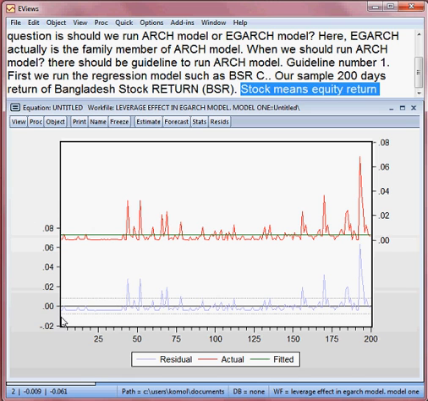That means the volatility of the residual is very small, meaning that a period of low volatility is followed by another period of low volatility for a prolonged period, 40 days continuously.